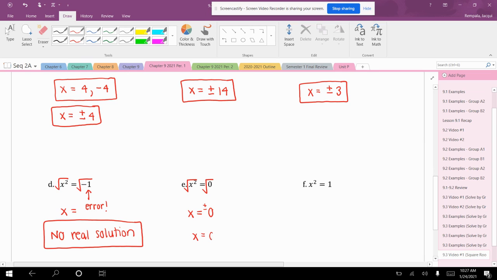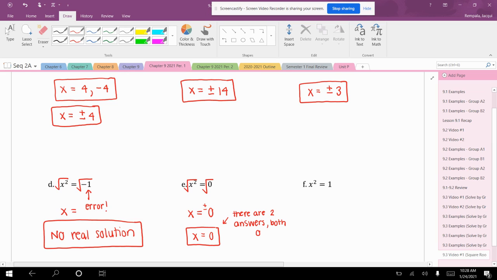So this is the only time where you can write the answer one time. However, know that technically there are two answers, but they're just both 0. And so because there's no such thing as a positive 0 and a negative 0, you can just write 0. But technically, there are two answers.